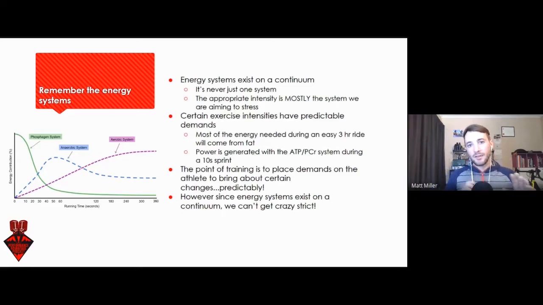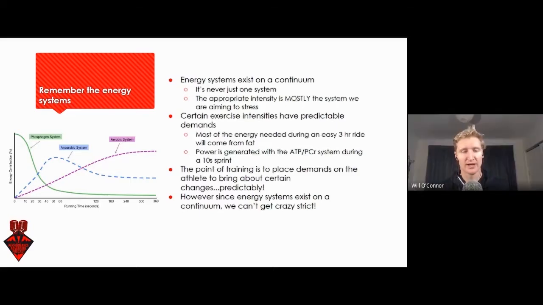We're not getting much of a contribution, as far as energy goes, from the PCR system unless we're sprinting within that 5 hours. But since that energy system only lasts about 10 seconds, there's not going to be a huge contribution within that 5-hour ride from the PCR system, even if we do 10 10-second sprints. That's because that energy system takes a really long time to recover. So when we're prescribing training and we say zone 2, zone 1, zone 5, we know where the demands are coming from. And we'll get into that as we go through this module.